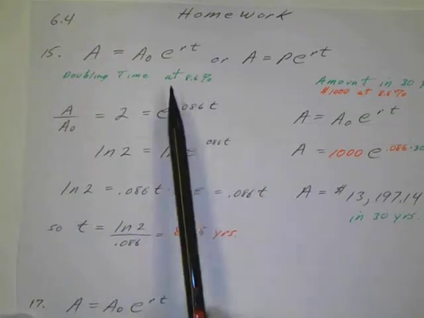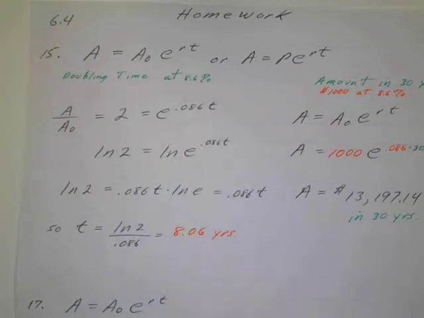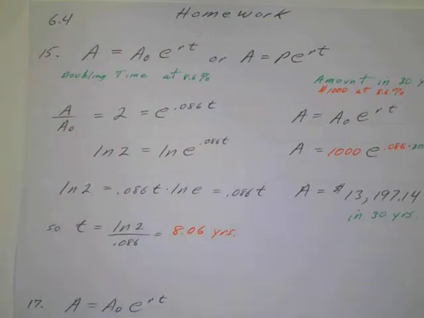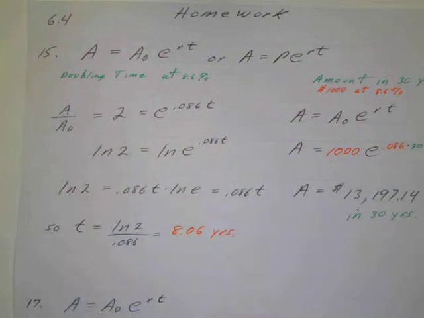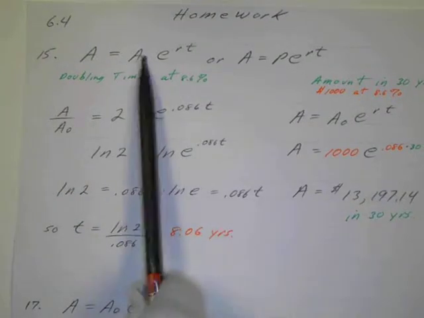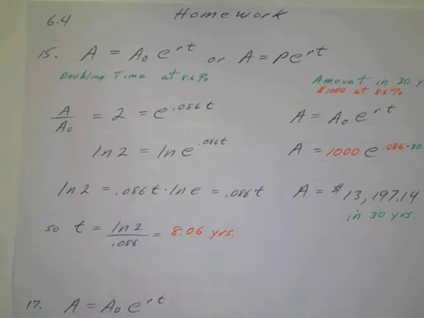And this is the doubling time at 8.6% interest. So it doesn't really matter what amount I've got. Just that ratio is going to be 2. And even in number 15, it was 1,000. We could have called this 1,000, and this 2,000. That would be 2 over 1.